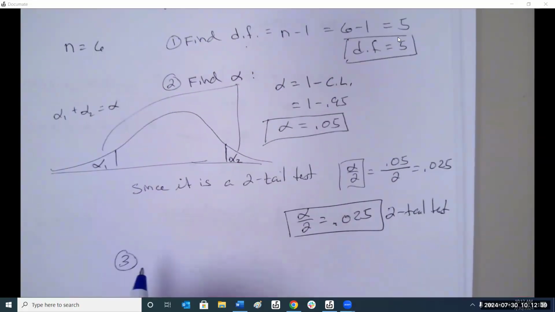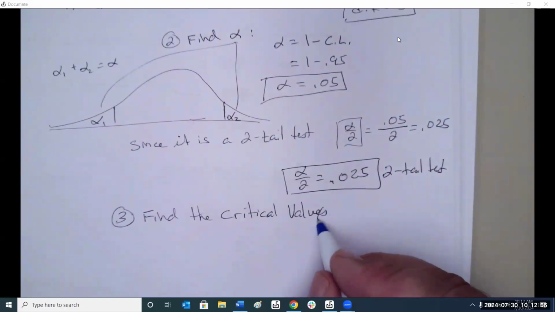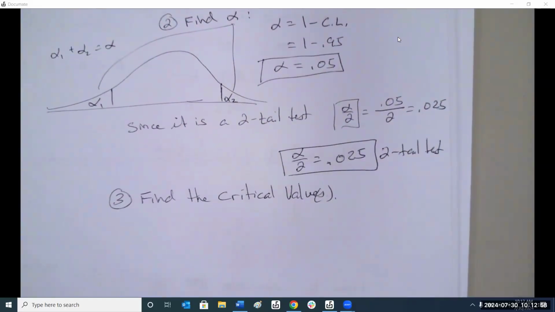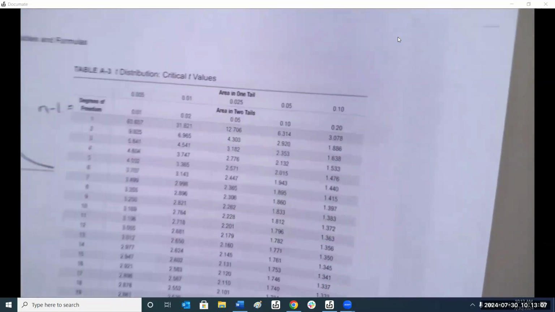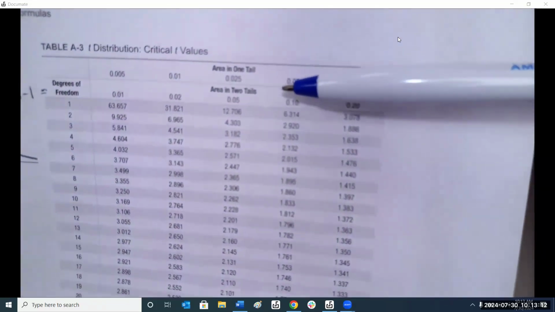So step 3, find what we're looking for, the critical value or values. How do we find the critical value? Our table. We know we have a two-tailed test.